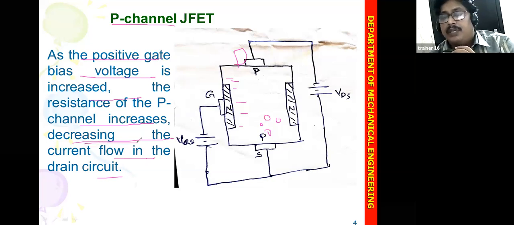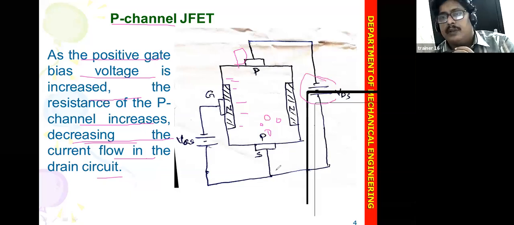Why? Because the majority carriers are holes, that is positive charge. Of course, a negligible amount of current is passing due to the gate, the N-type semiconductor. That is at VDS, a negligible amount of current. That means the current flow almost all decreases because it is a P-type body and an N-type gate.